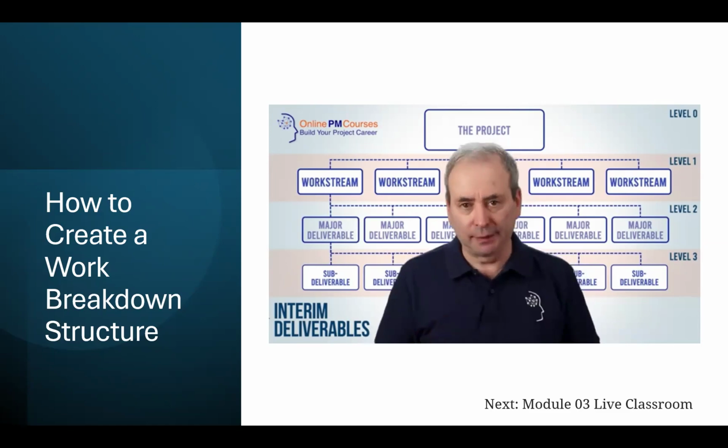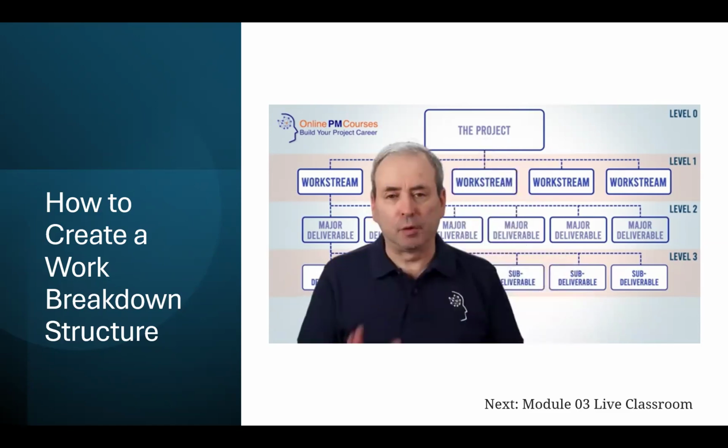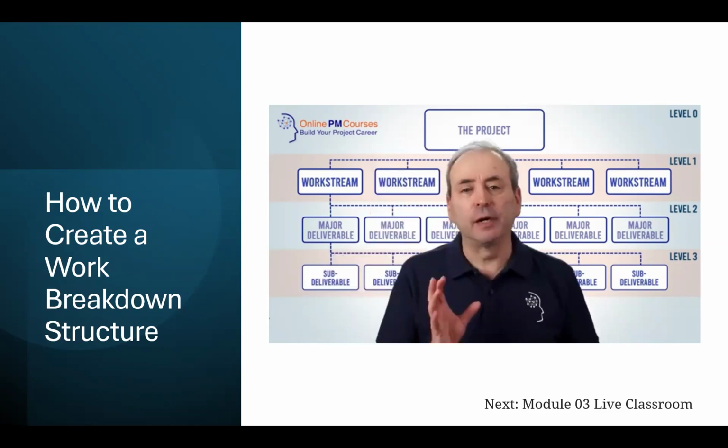They include things like test scripts and maybe even components that we don't need, but that will find their way into the end deliverables. So to create level 3, we need to brainstorm the sub-deliverables and the interim deliverables for each of the items at level 2. Remember, because if it's not on the work breakdown structure, it won't get done.